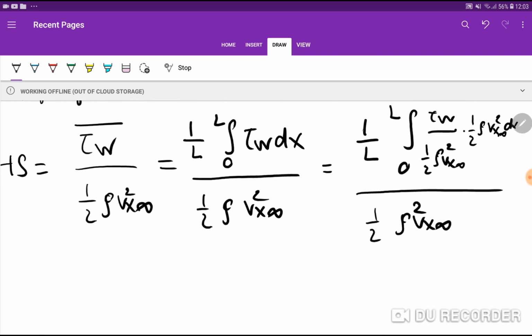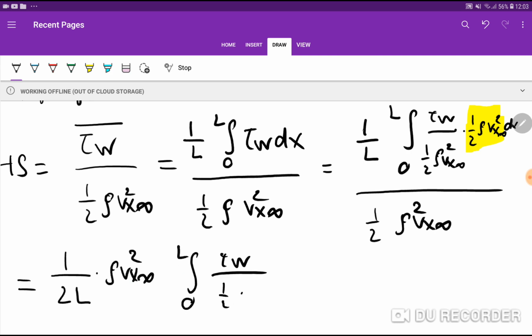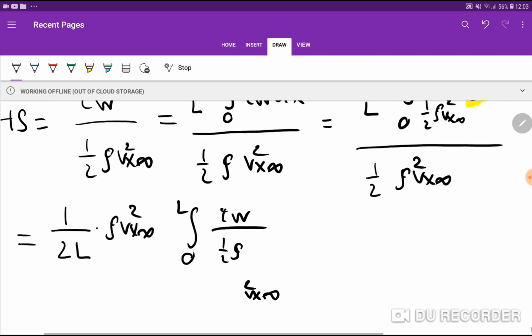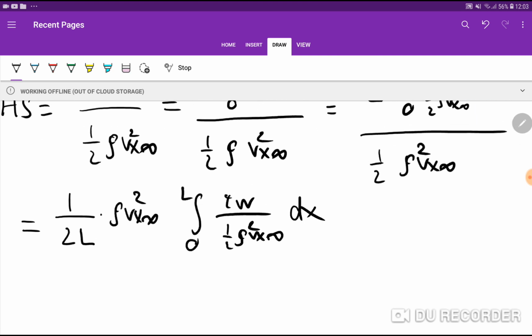Since this term right here, y'all can see it, is a constant, 1/2 rho Vx infinity square has nothing to do with x, I can put it out. So 1 over 2L times rho Vx infinity square times integral from 0 to L of tau W over 1/2 rho Vx infinity square dx over 1/2 rho Vx infinity square.